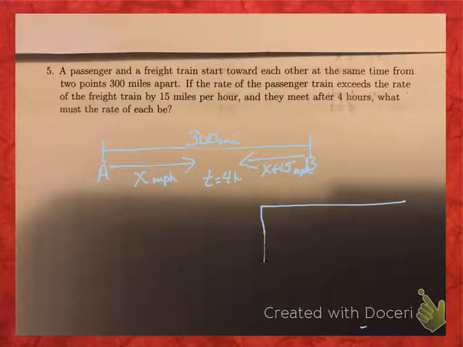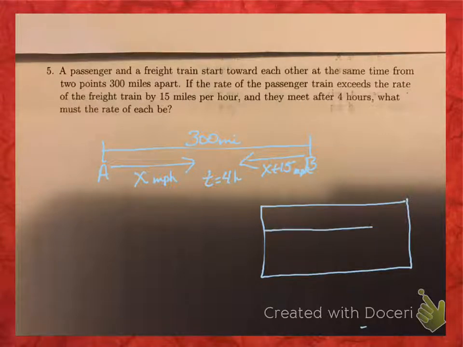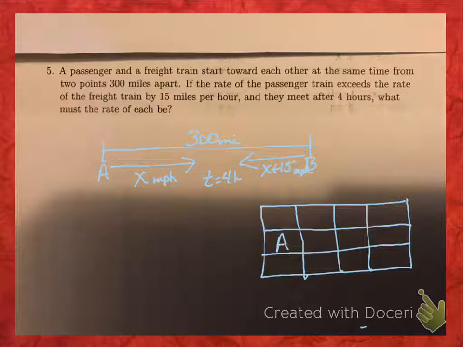So, make our chart. A, B, and then the rate, time, and distance. A is going X miles an hour. B, X plus 15. Time is 4 hours.